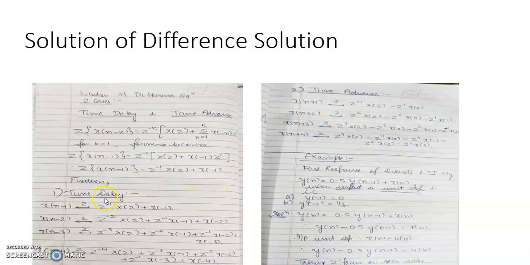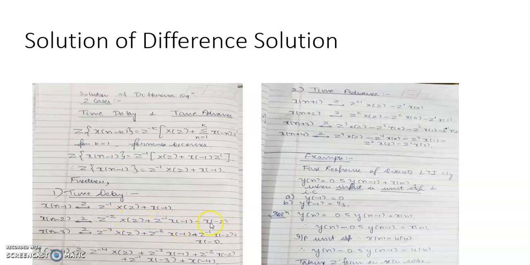Let's again compare time delay and time advancing. You have to understand the question from this point of view: either it will be in the form of time delay or time advancing. So x of n minus 1 will be z to the power minus 1 X of z plus x of minus 1, as we derived above. X of n minus 2 will be z to the power minus 2 X of z, plus x of minus 2 with z to the power 0 and x of minus 1 with z to the power minus 1.